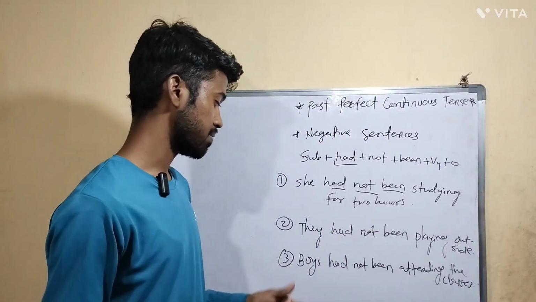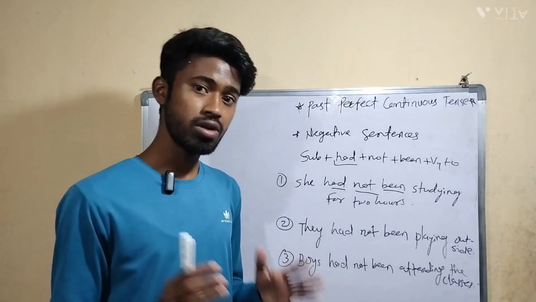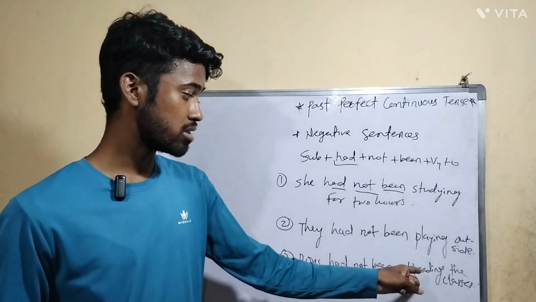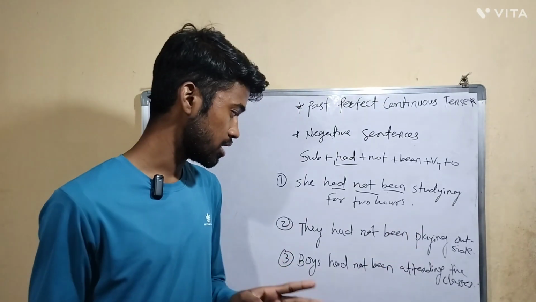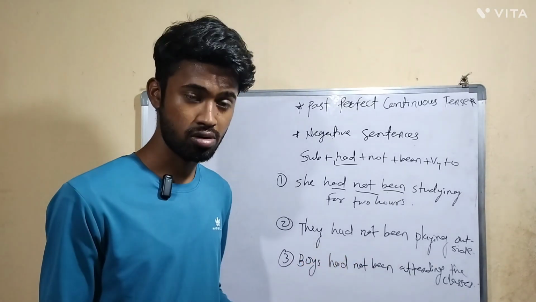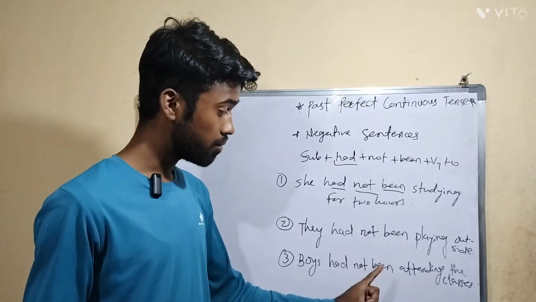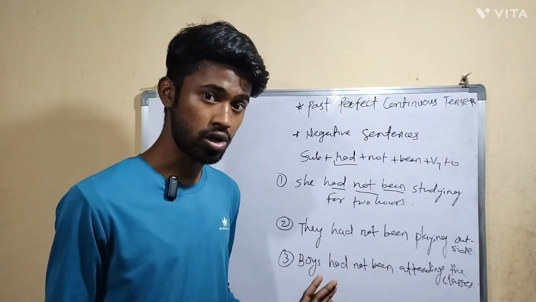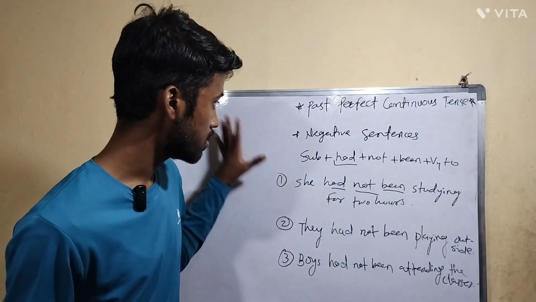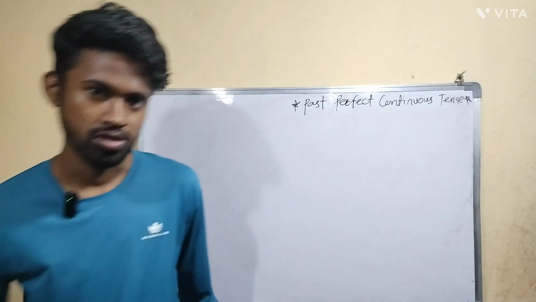So this is the third example. Boys had not been attending the classes. What you need to understand here is we always have to use the fourth form of verb, that is one. And after had, before been, you have to use not. Don't use not after been, that is wrong. Before been only you have to use not.